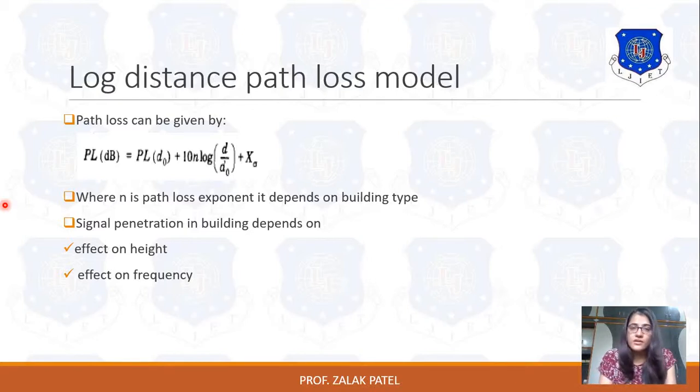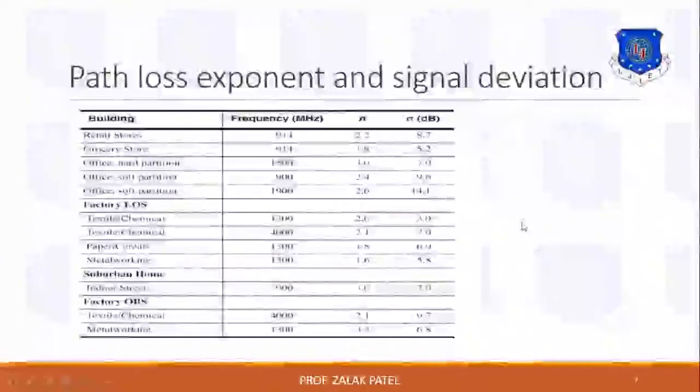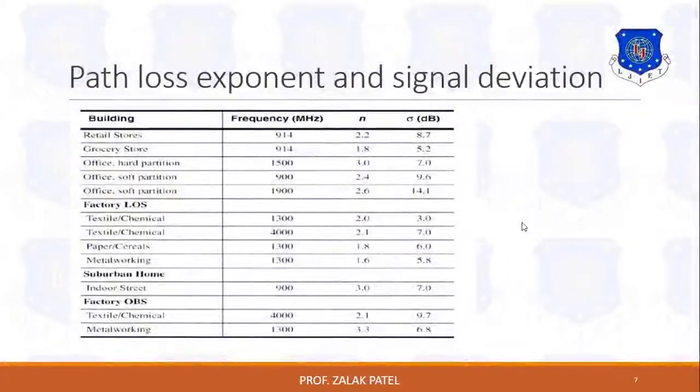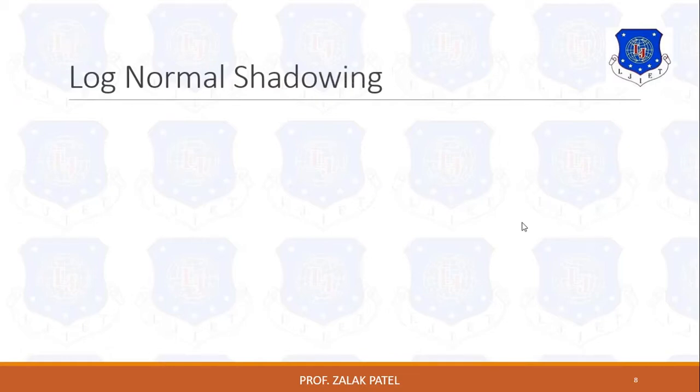Now we take one table. This shows the different path loss exponent values with different frequency, path loss exponent and deviation. In the next topic we see how the deviation will be calculated. So it is basically the log normal shadowing method.